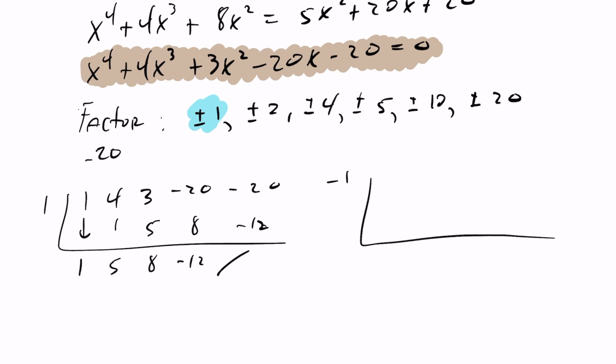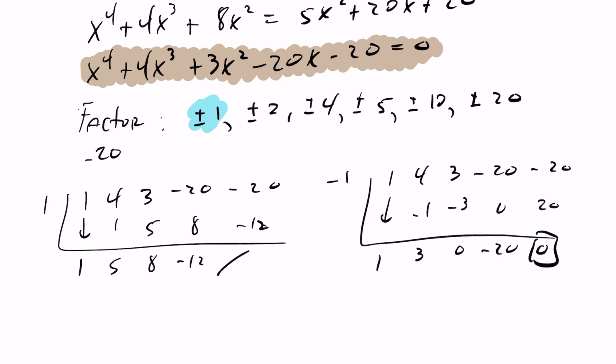Try it at minus 1, putting that down here. And continuing here, I get minus 1, 3, minus 3, 0, negative 20. And actually, we can see here, which is fortunate, I get a root at minus 1.